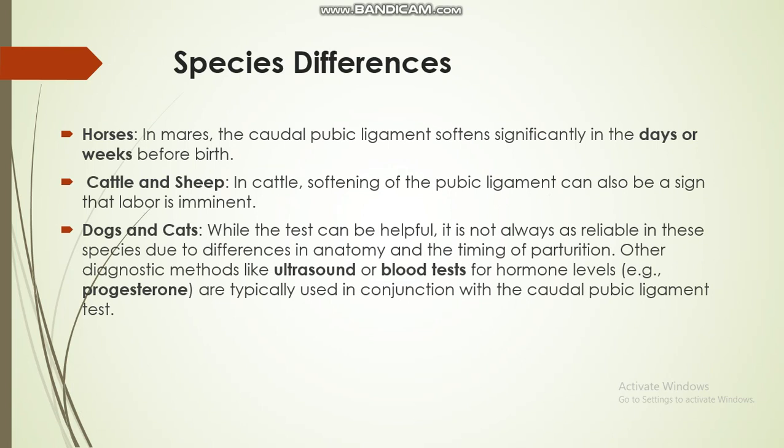So look at this, there will be differences according to species. In horses, in a mare, the caudal pelvic ligament softens significantly in the days or weeks before birth. In cattle, sheep, goat or buffalo, especially in cattle, the softening of the pelvic ligament can also be a sign that labor is imminent.